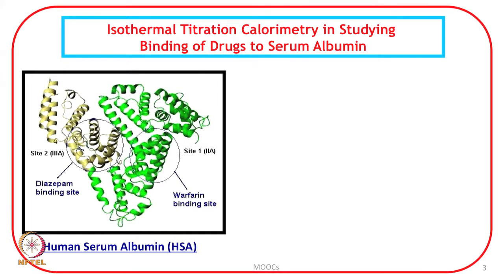In today's lecture, I will take an example of 3 drug molecules. The first drug molecule is naproxen. Naproxen is an anti-inflammatory drug molecule. Let us take a look at its molecular structure.